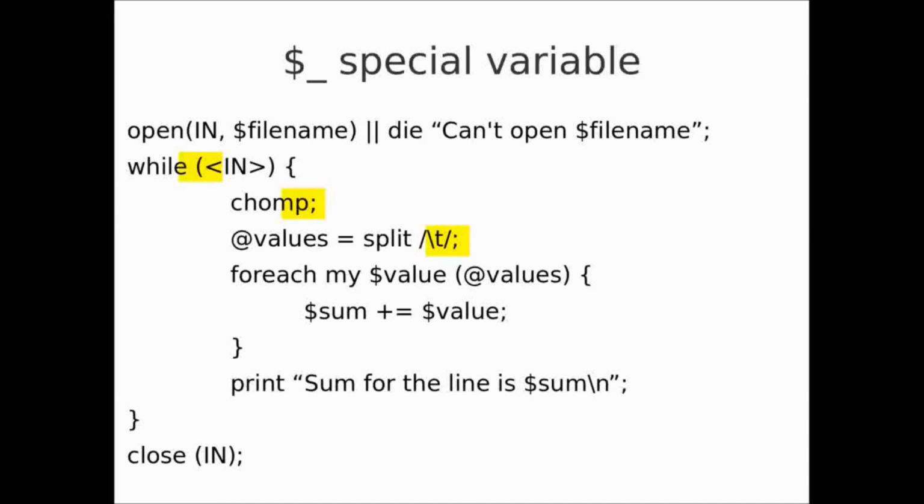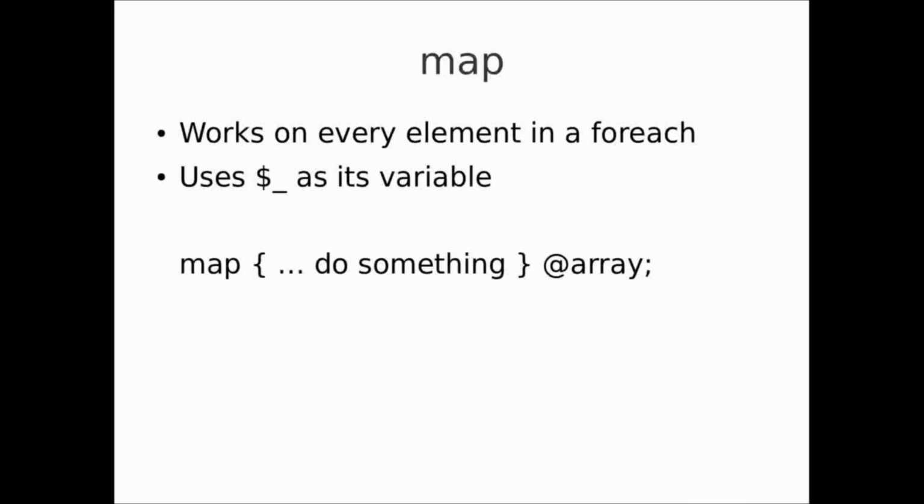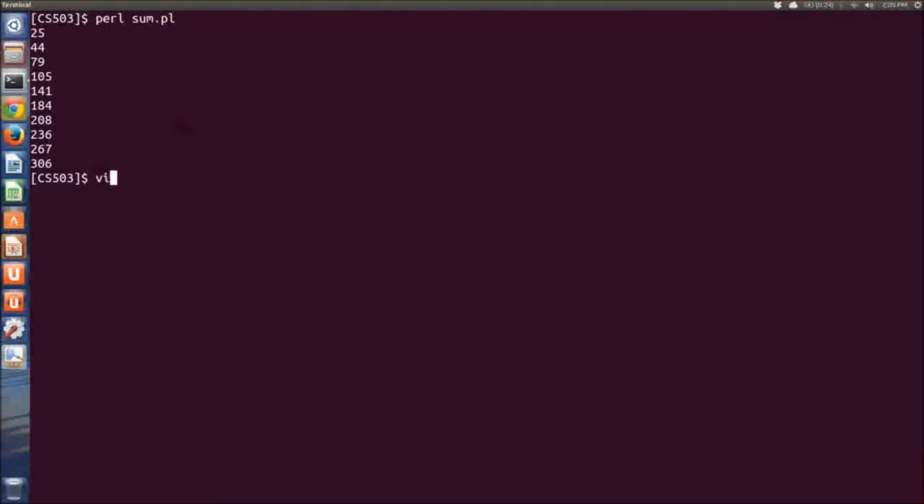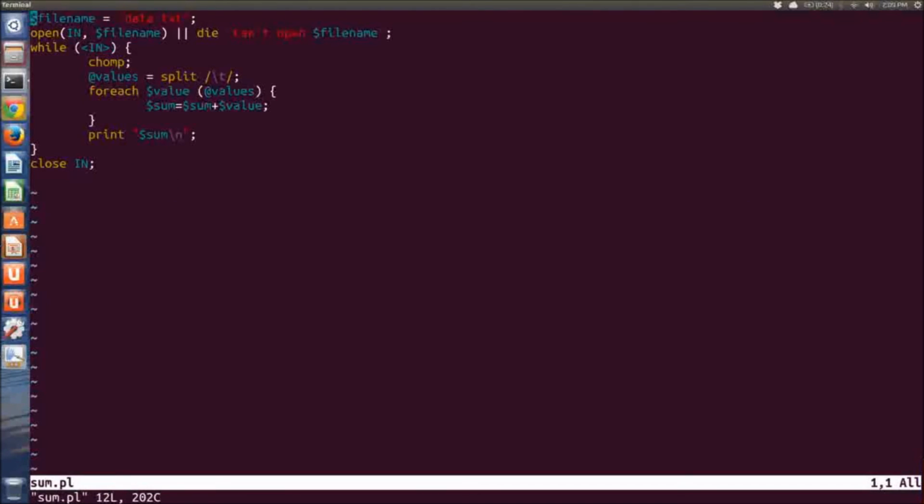Another way that I can reduce the code is by using the map command. Map works on every element in a for each, and it applies that element to $_, that special variable. However, it's a different $_ than the previous one. So we can say map, do something to every element in our array. For example, we can change our code, and instead of saying for each $value in @values, we can get rid of this line.